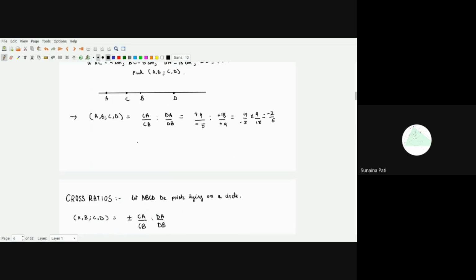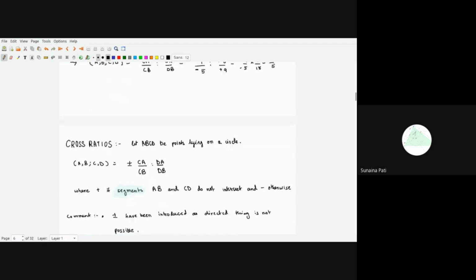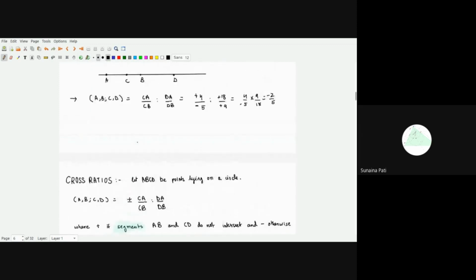The next is defining cross ratios for points lying on a circle. Now, obviously, you can't use directed lengths over here. So you have plus minus according to whether the segments intersect or not. Let ABCD be points lying on a circle.